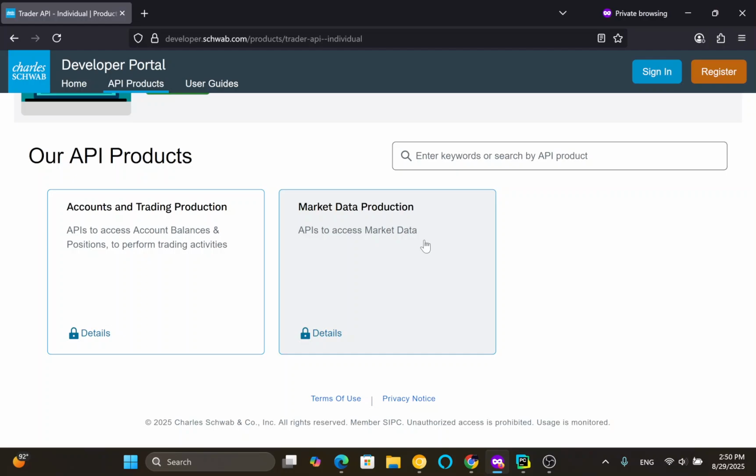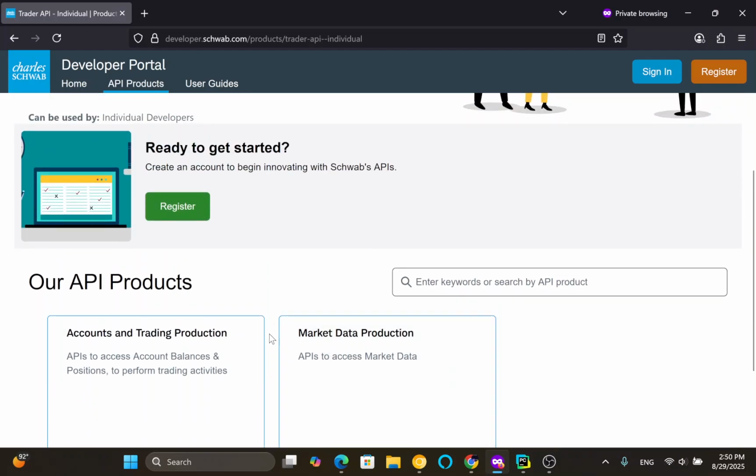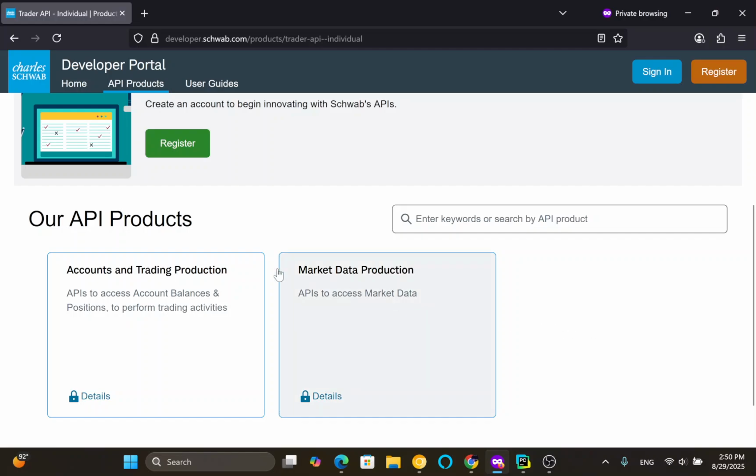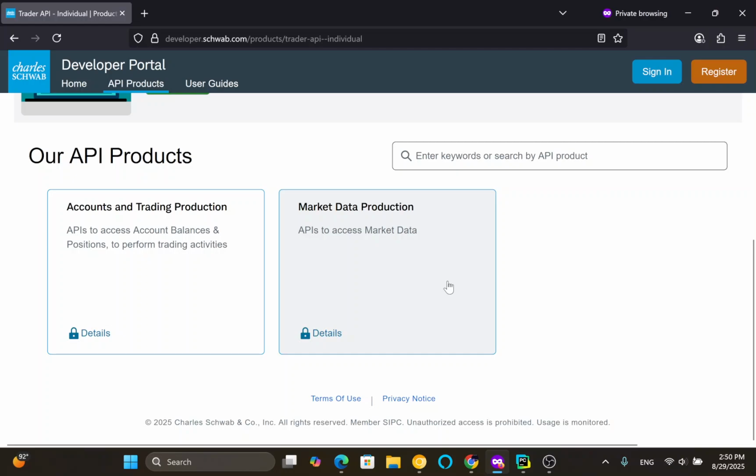And the functionality, of course, covers market data, account information, order management, and portfolio data. We got everything in there from both points: account and trading production, and market data production.